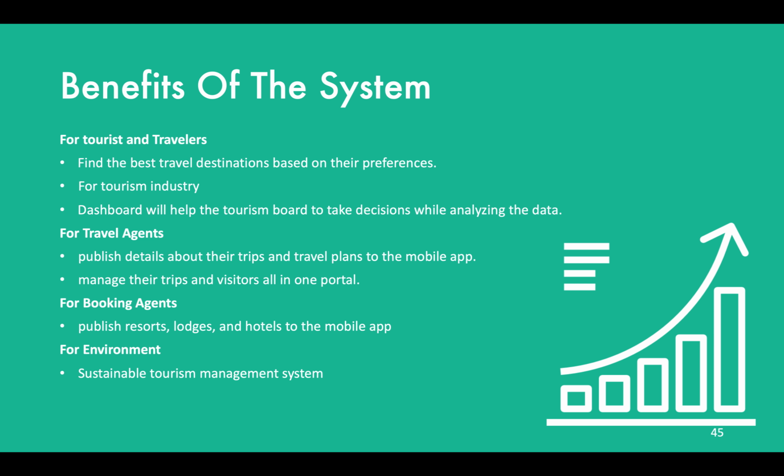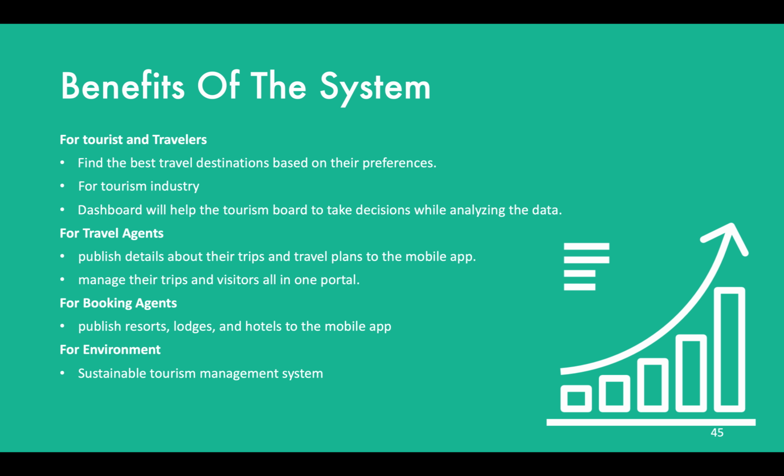So the benefits are mainly for the travelers. What they get is a proper schedule to go around the country. When they choose an area, they get the information about the locations, and then they can select those locations, and they will get a proper schedule of where to go first, from there where to go, and how to travel to those locations.